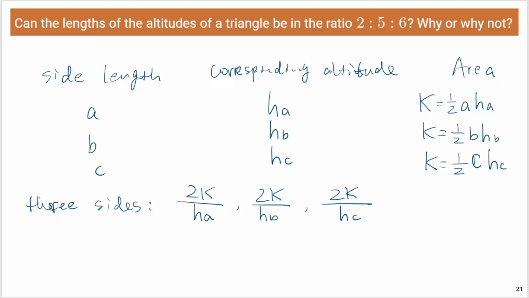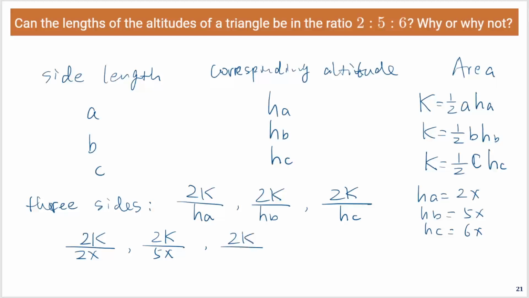Suppose the lengths of the altitudes of the triangle are in the ratio of 2 to 5 to 6. Then if we let HA equal 2x, then HB must equal 5x, then HC must equal 6x, right? The three sides are 2k over 2x, 2k over 5x, then 2k over 6x.